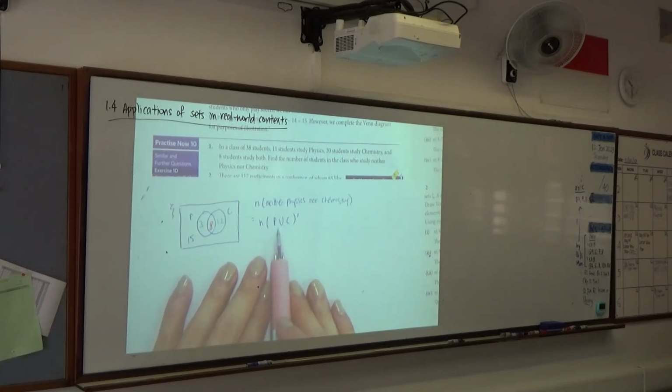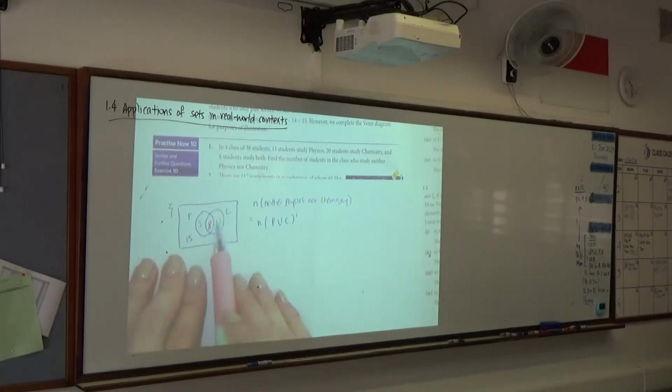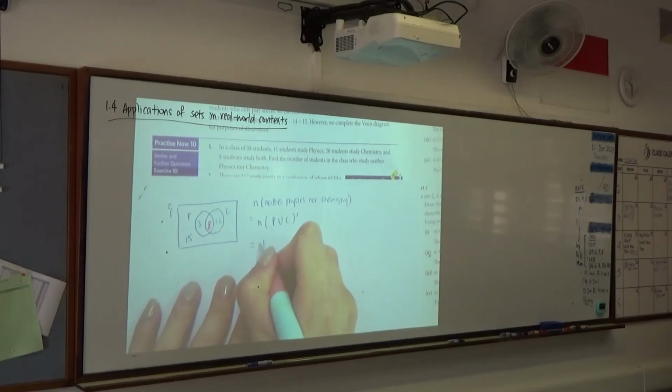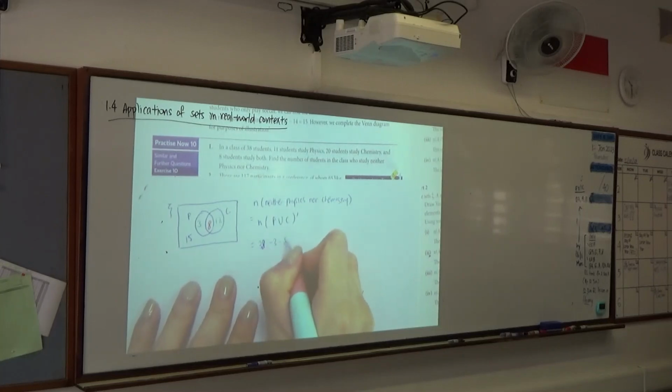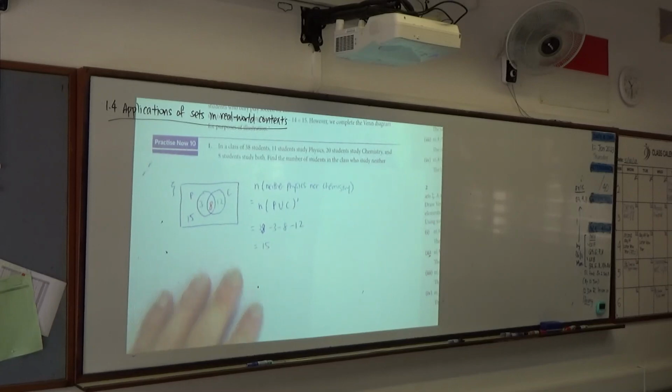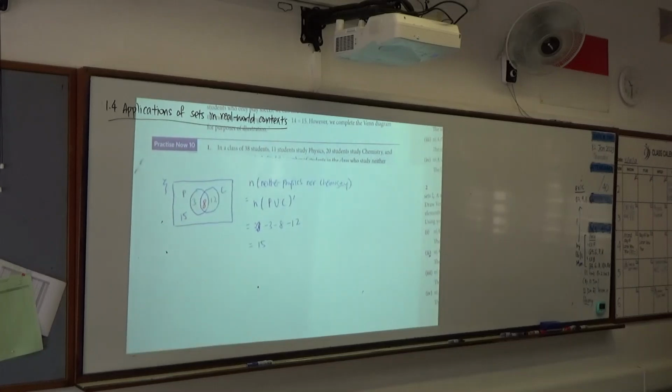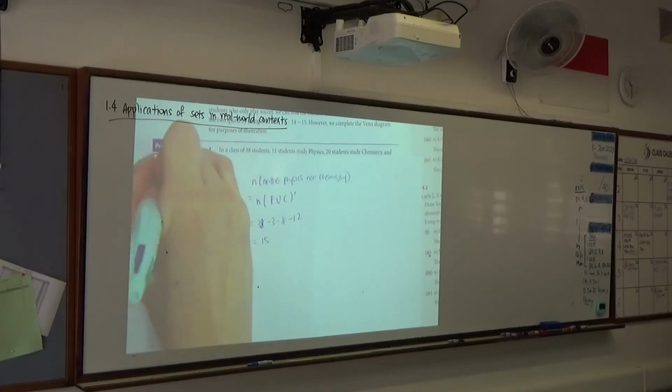So it is outside of P union C, which is actually 15 students, which we found by taking 38 minus 3 minus 8 minus 12 just now. So 15 is the answer. So that's for question 1.